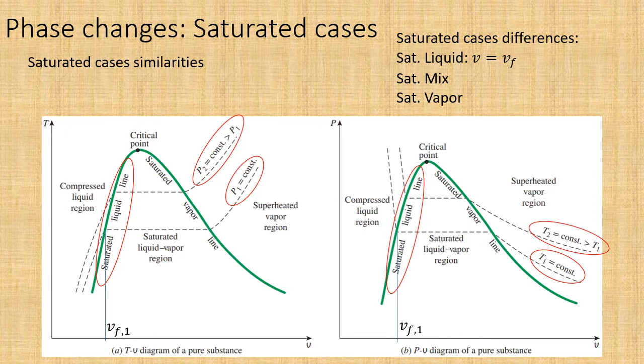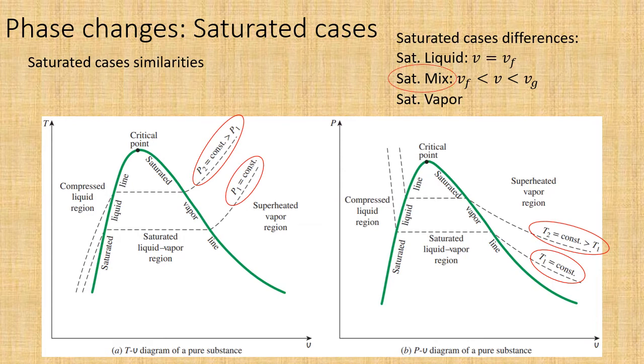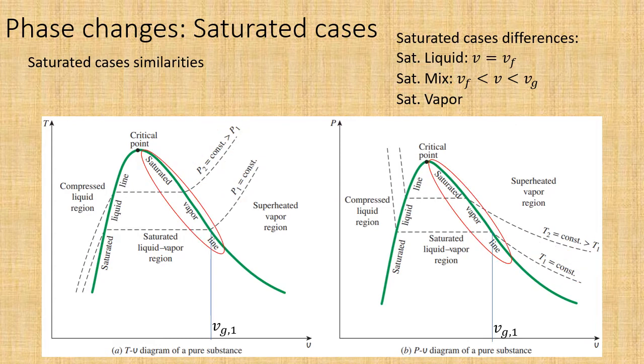For a given temperature or pressure, when the specific volume V is larger than the specific volume of saturated liquid, Vf, but smaller than the specific volume of saturated vapor, Vg, then we have a saturated mixture, where Vg occurs on the saturated vapor line, where the first liquid droplets form, for a constant pressure or temperature.